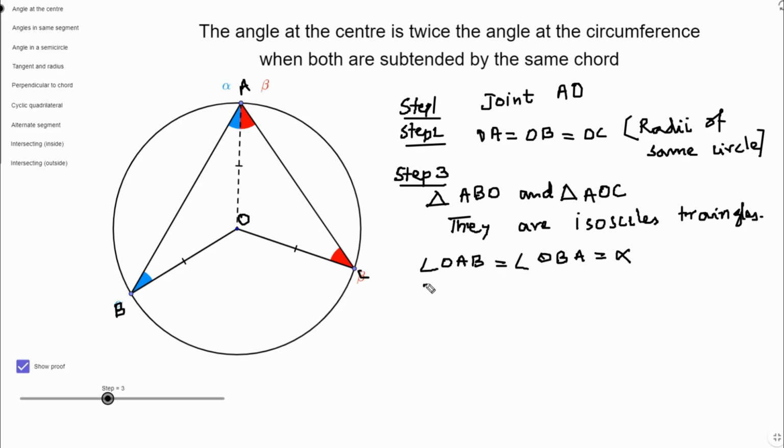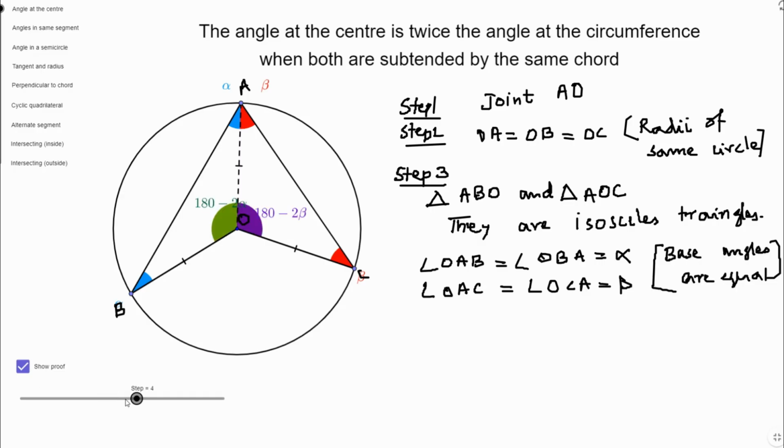The same thing we can write here: angle OAC is equal to angle OCA equals beta. The same reason: base angles of an isosceles triangle are equal. Now we will move on to step 4.